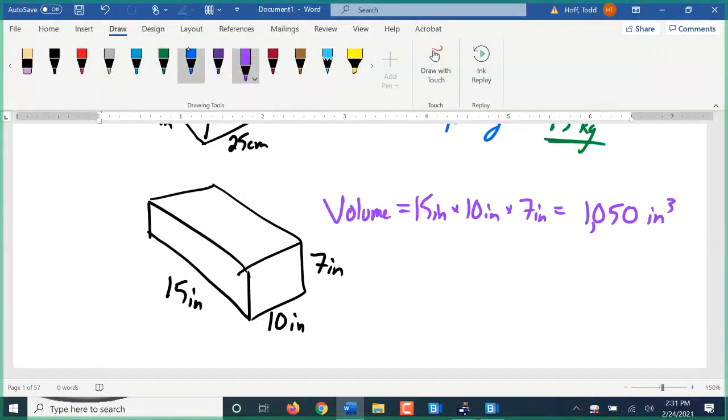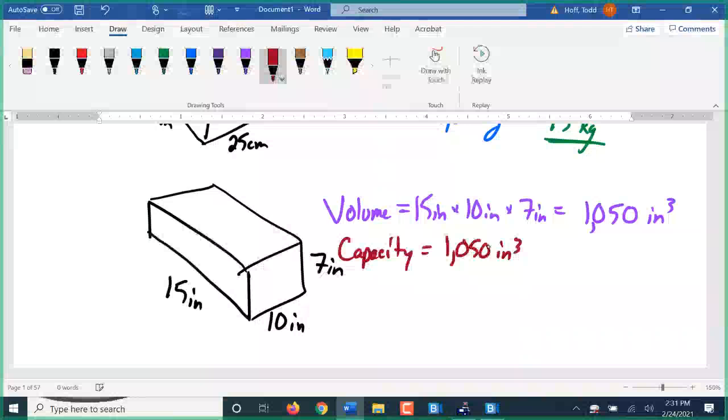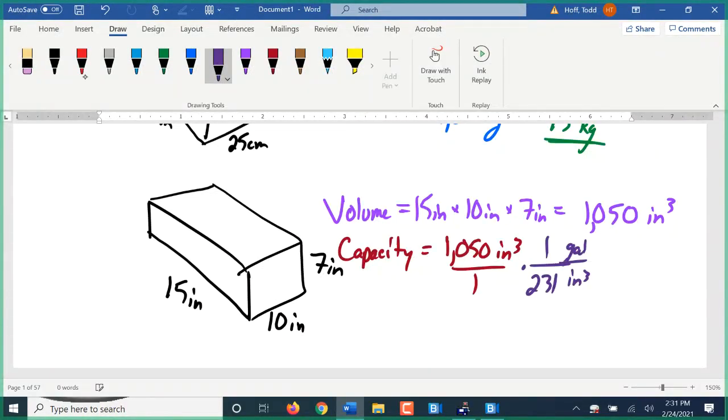Change this to capacity. 1,050 cubic inches, we'll put it over 1, times, cubic inches go on bottom, gallons on top. 1 gallon is 231 cubic inches.